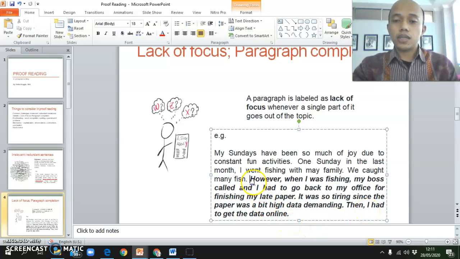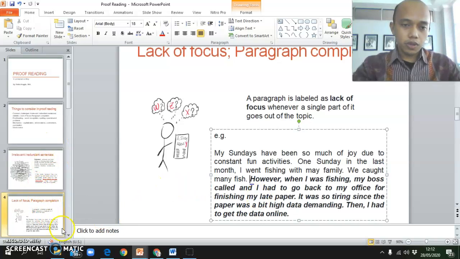See, these sentences even dominate the paragraph, and they don't actually indicate the happiness of the Sundays. So we can conclude that these sentences go beyond the topic. So you can see that this paragraph is labeled as lacking focus because parts of this paragraph discuss beyond the topic. All right.